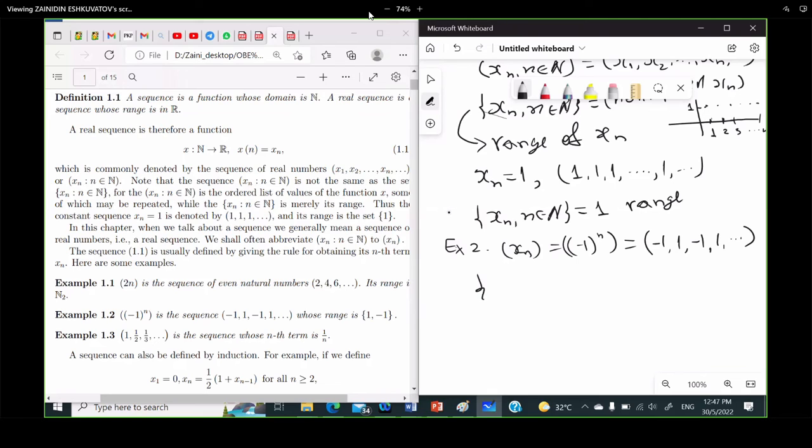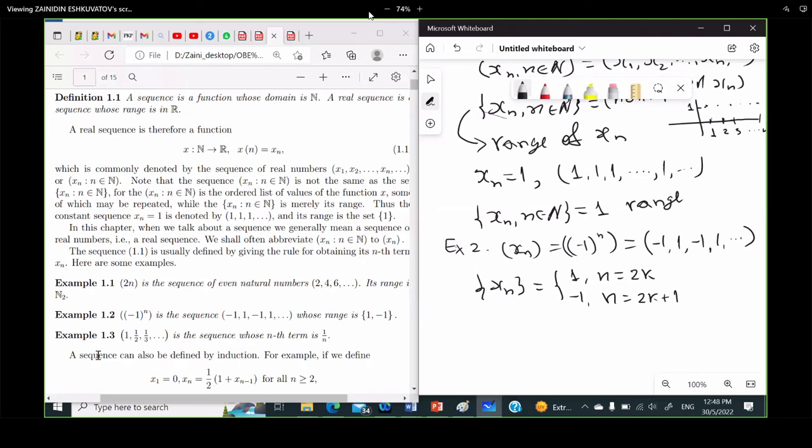But as a range, I can write it equal to plus 1 if n equals 2k, and minus 1 if n equals 2k plus 1. So the range of the sequence is the set containing minus 1 and 1.